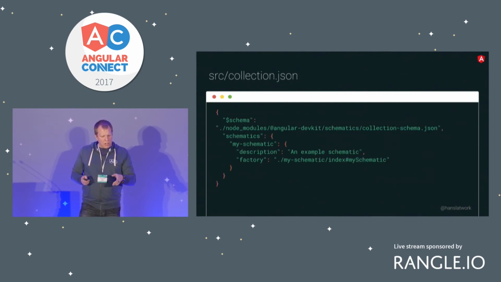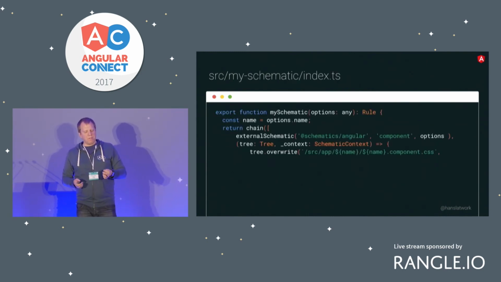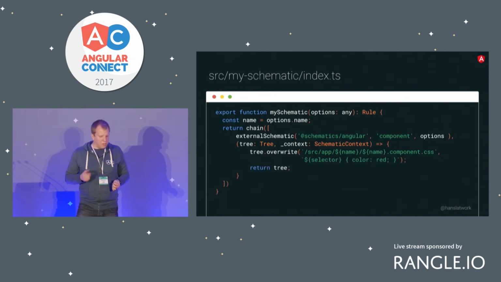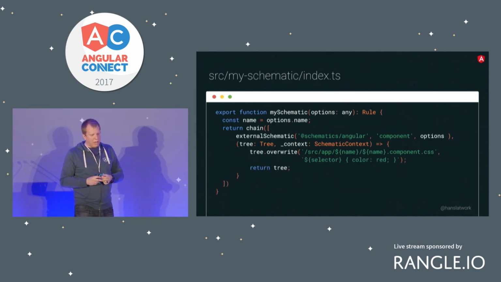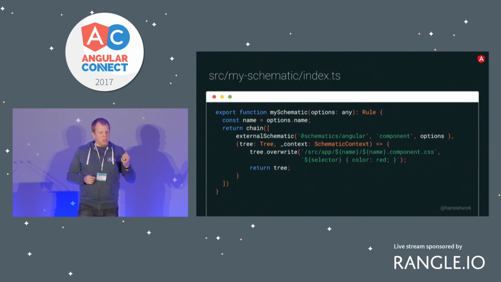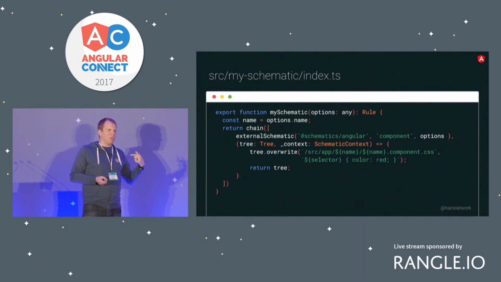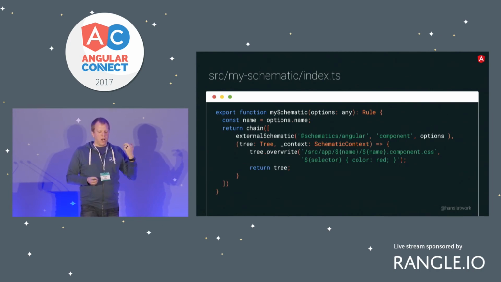The factory itself points to the rule factory, which is in index.ts inside the my schematic folder. And that function looks like this. My schematic takes a list of options and returns a rule. Then we call chain as we did before. But instead of calling schematic, we call externalSchematic, which takes two strings and an options object.